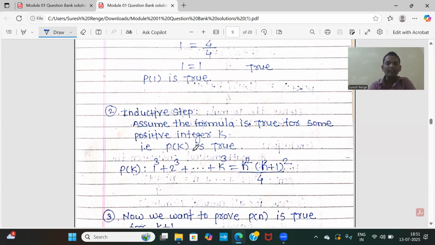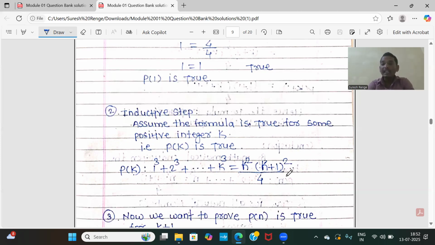That is Pk. Pk is true, means this formula is true for the first k numbers. 1 cube plus 2 cube plus dot dot dot plus k cube is equal to k square times k plus 1 whole square divided by 4. The second step is true; we are assuming that.